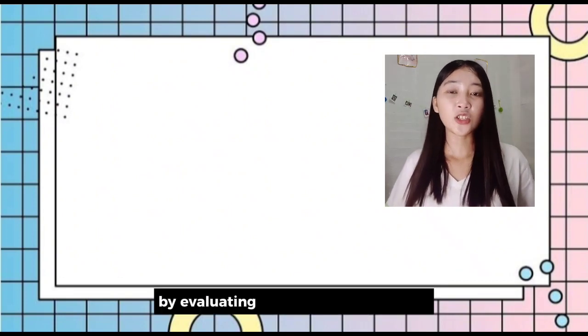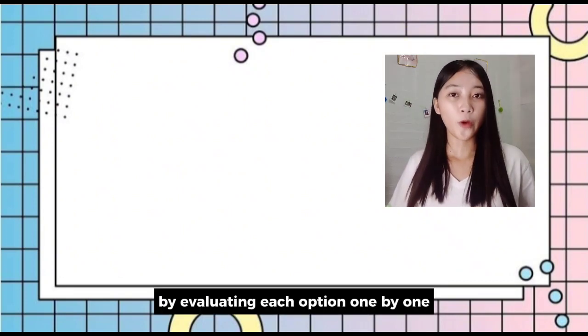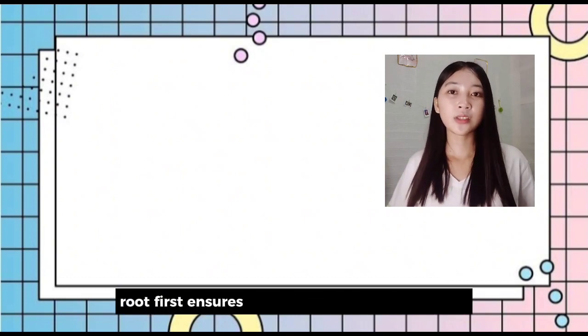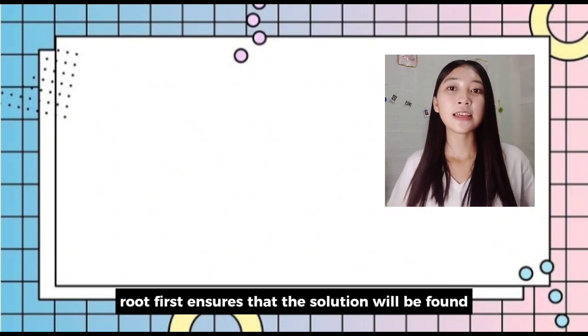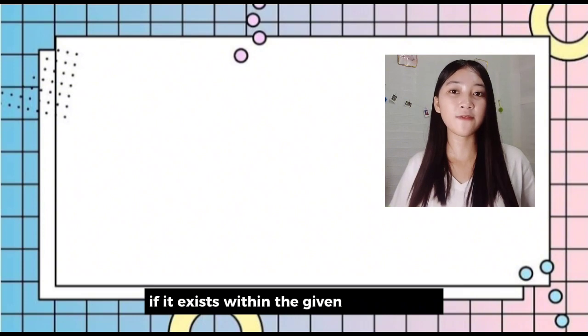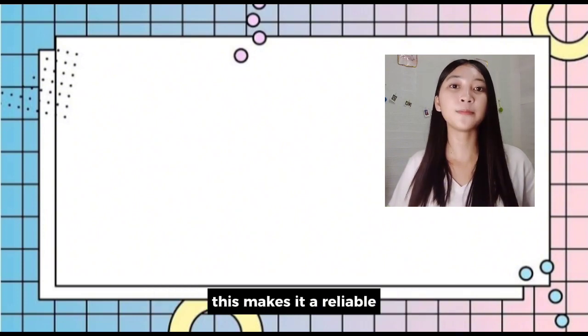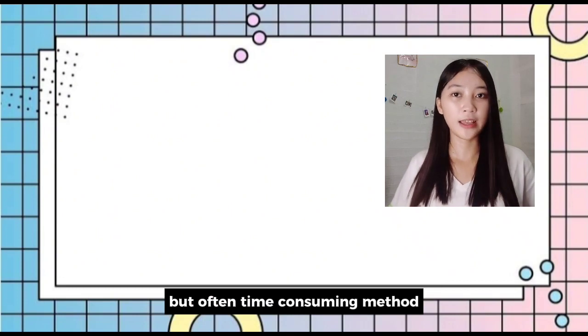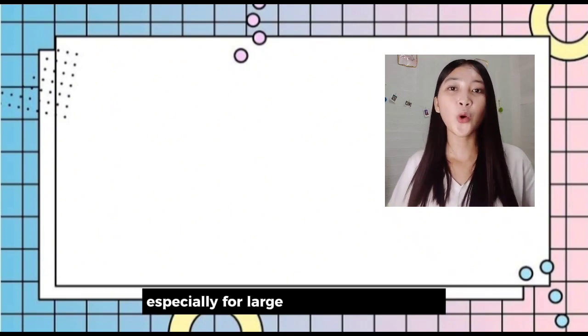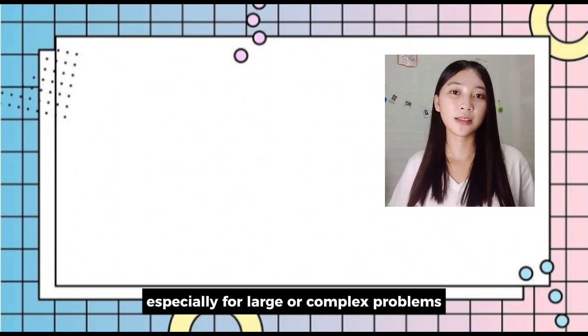By evaluating each option one by one, brute force ensures that the solution will be found if it exists within the given search space. This makes it a reliable but often time-consuming method, especially for large or complex problems.